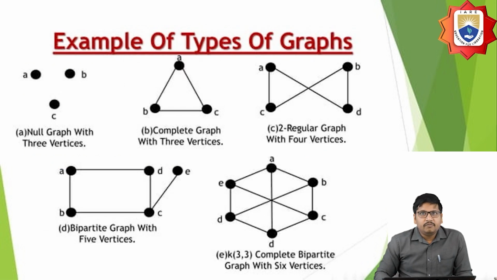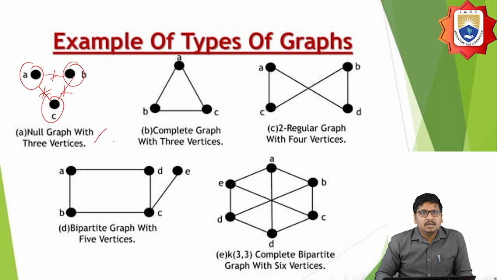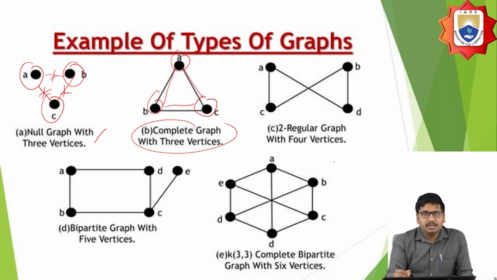So, examples of types of graphs. This graph has individual vertices but does not have any edges connecting them. This is called a null graph with three vertices. Next one is a complete graph with three vertices. Here each and every node is connected by an edge, so this is the complete graph.